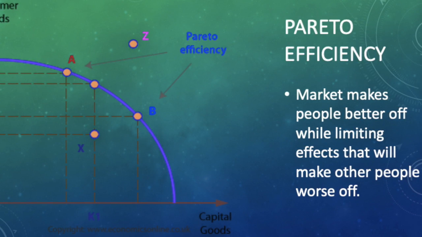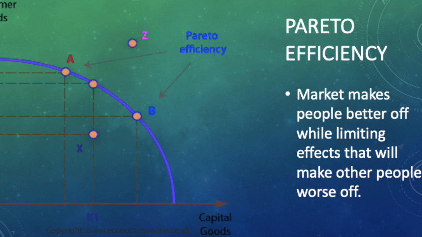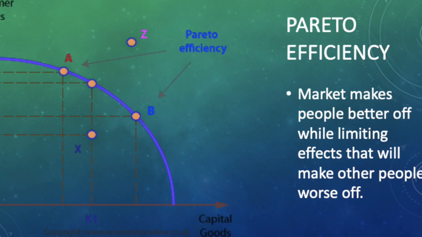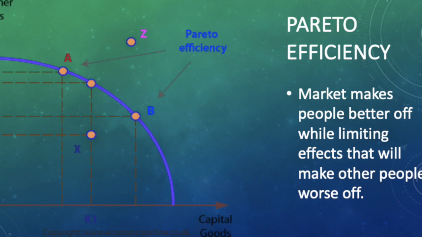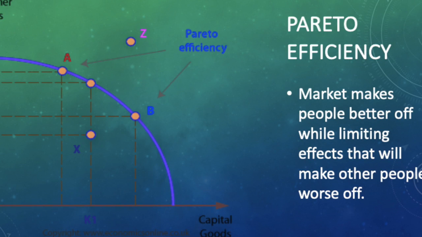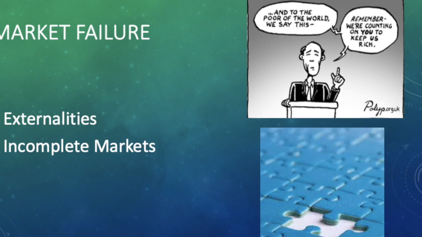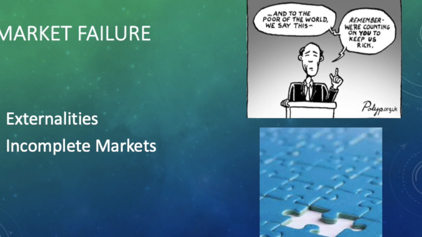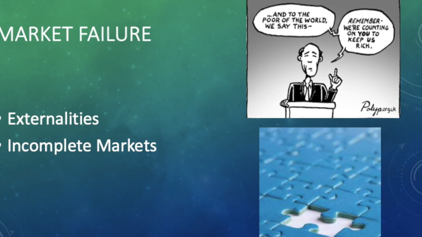When there's efficiency, people who can potentially be affected negatively try to limit that as much as possible. When efficiency fails, there are market failures, and two properties of market failures are externalities and incomplete markets.